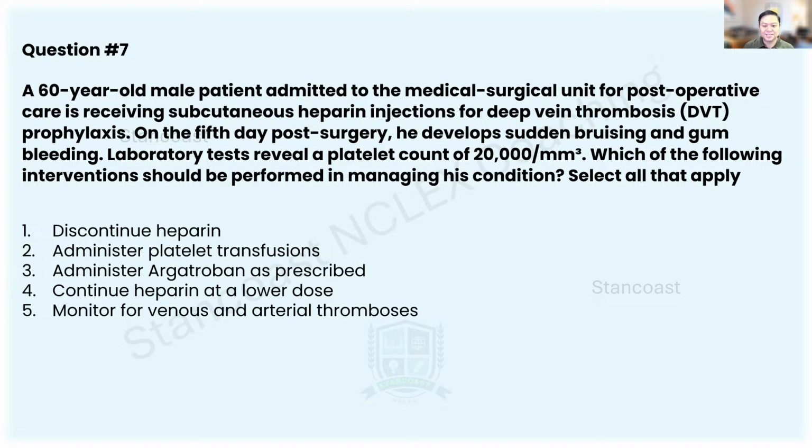Laboratory tests reveal a platelet count of 20,000 mm³. Which of the following interventions should be performed in managing his condition? Select all that apply. Is it 1, discontinue heparin? 2, administer platelet transfusions. 3, administer argatroban as prescribed. 4, continue heparin at a lower dose. 5, monitor for venous and arterial thrombosis.